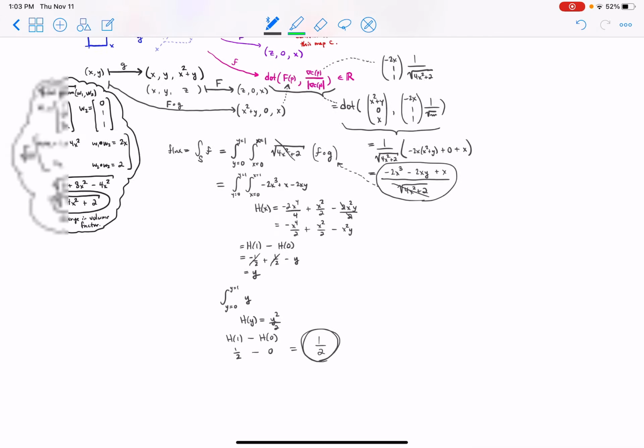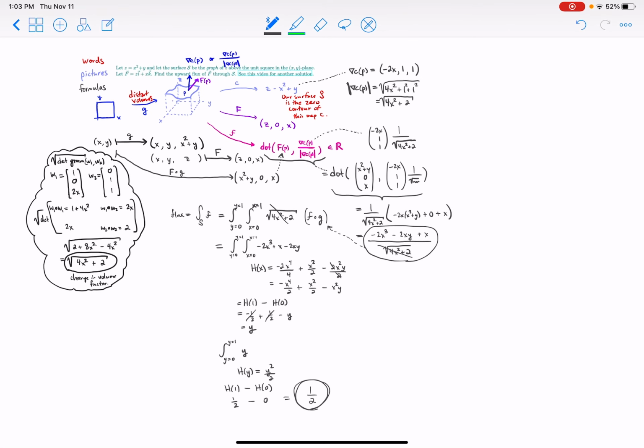That's the answer. The flux of this vector field flowing through the surface, adding up all these little dot products of the normal vector with the vector field at every point in the surface weighted by volume, is equal to 1/2.